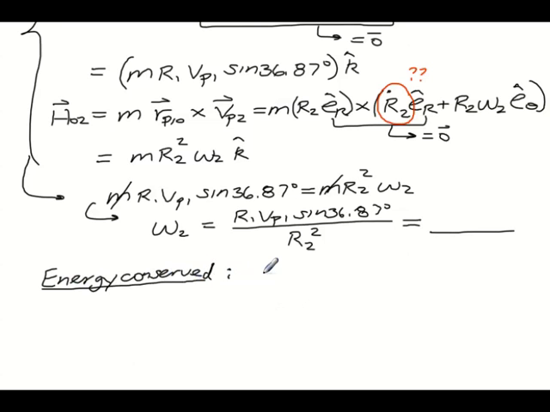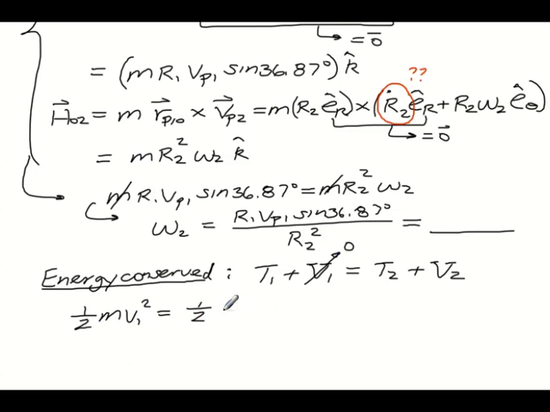When we write down T1 plus V1, that's equal to T2 plus V2. The chord is initially not stretched, so there's no potential there. T1 is 1/2 m v1 squared. The second position, 1/2 m v2 squared, and 1/2 k delta squared.